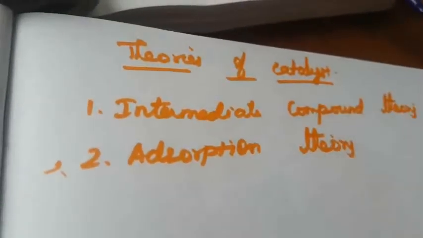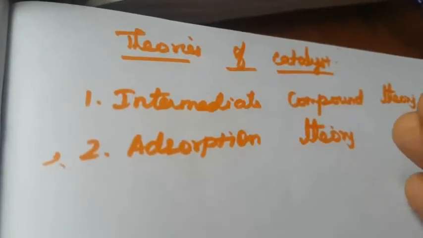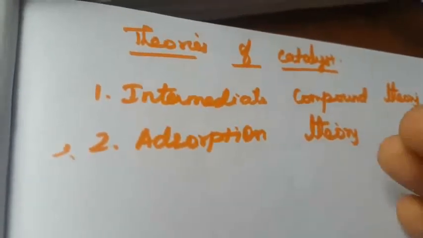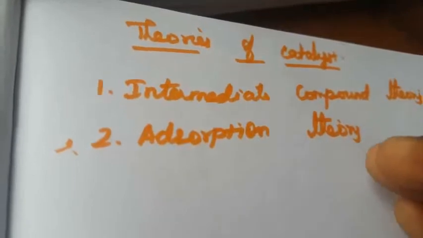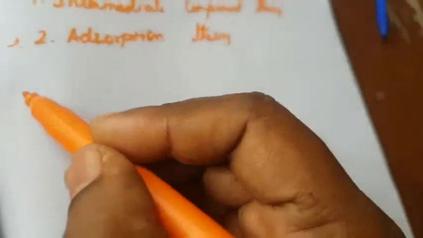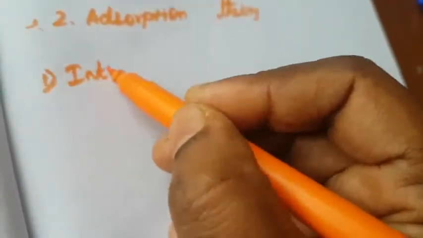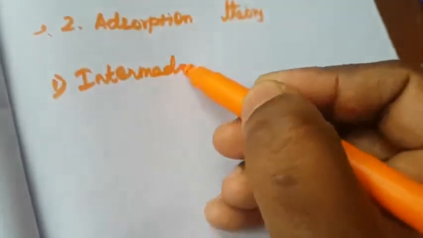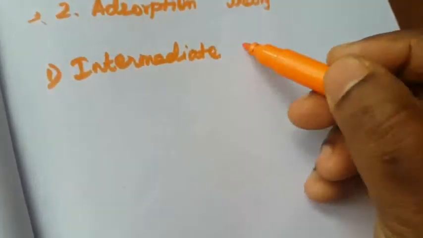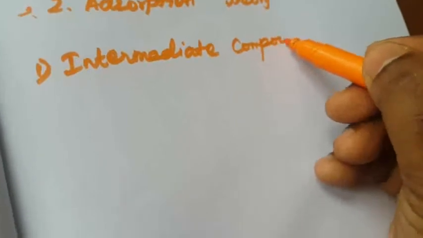So the theories of catalyst can be explained according to the activation energy. For the action of the catalyst in a chemical reaction, there are two important theories, the first being the intermediate compound formation theory. What is meant by intermediate compound formation theory? Important 5-mark question.